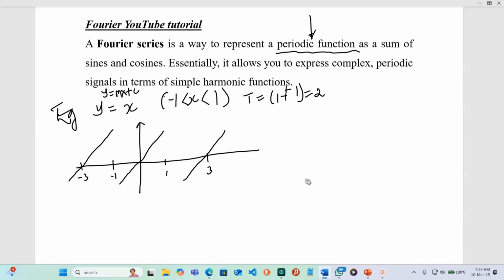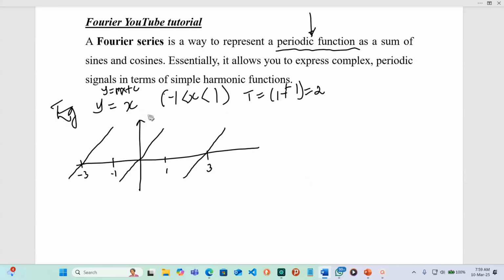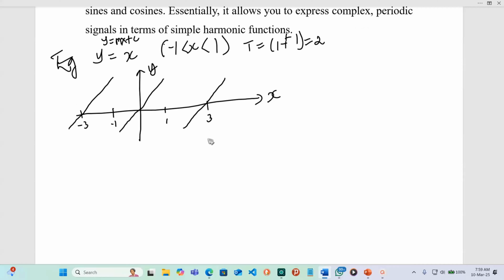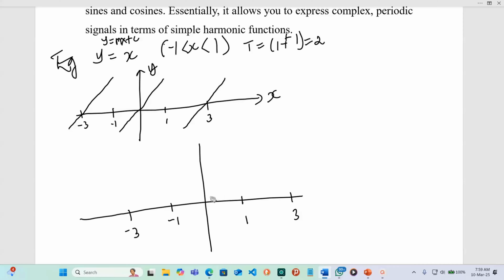So now, we already have, this is y, this is x. So what does this mean? We are now going to express it as a Fourier series. When you express it as a Fourier series, this is what you're going to have. So we have -1, we have 1 here, we have 3 here, we have -3. So this is what is going to happen. You're going to have something like this.